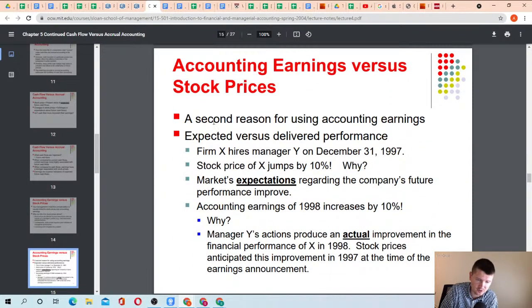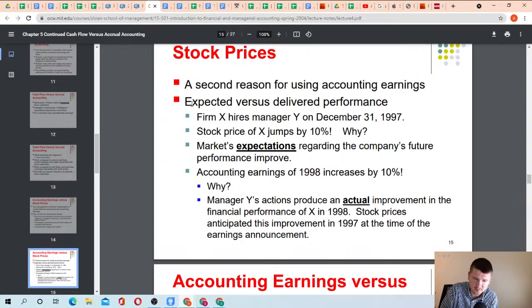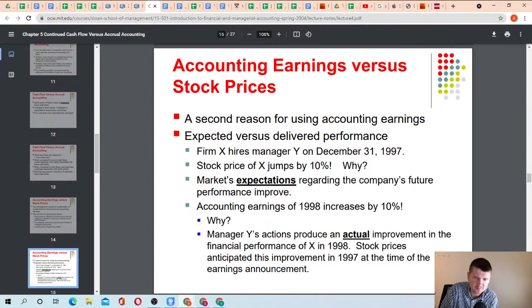Accounting earnings and stock prices. There is more relation between management actions and accounting earnings.